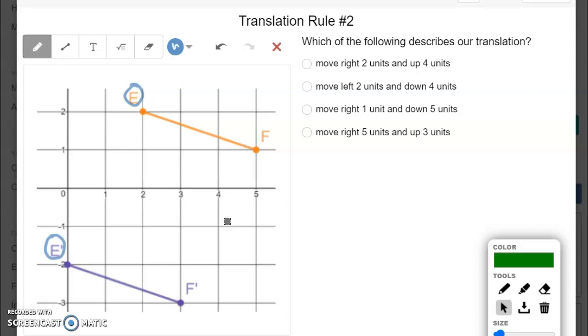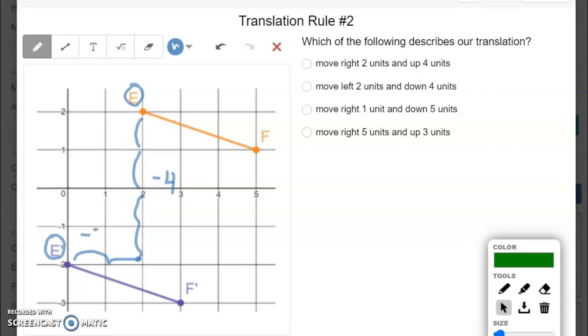So it went down and then went to the left, right? So we need to be counting how many did it go down by? 1, 2, 3, 4. It went down by 4, and we can write that as -4 because going down is becoming more negative on the y-axis, and going to the left by 2 means it's becoming more negative on the x-axis.